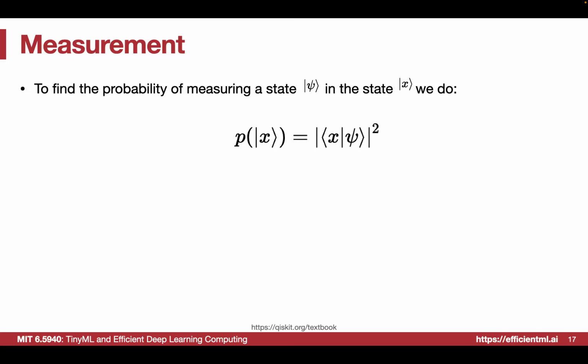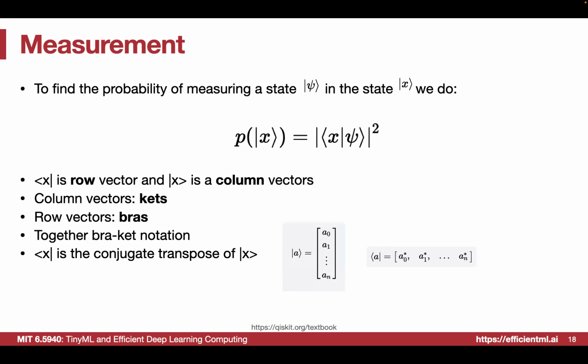For example, when we want to measure a state in the prepared state phi, we can perform this computation: P(x) equals the square of the magnitude of the bracket of x and phi. Here the x is the row vector, and the phi is a column vector.